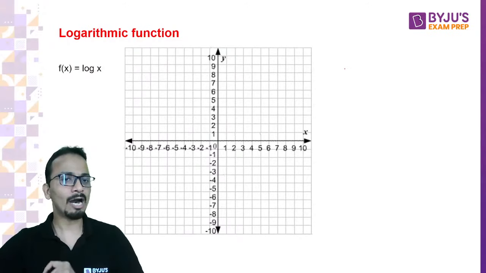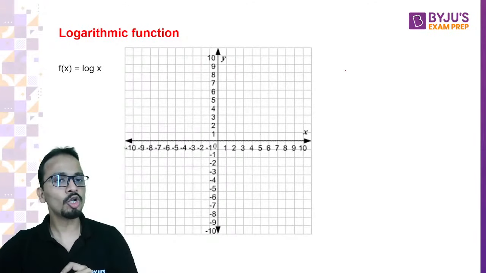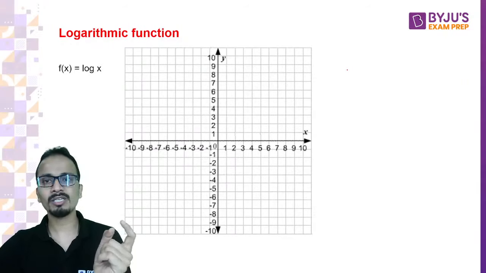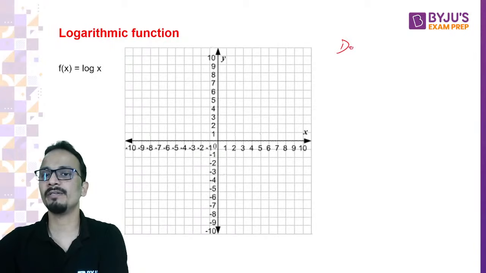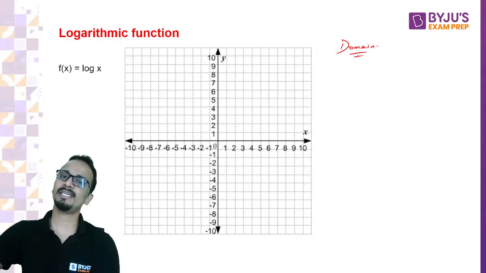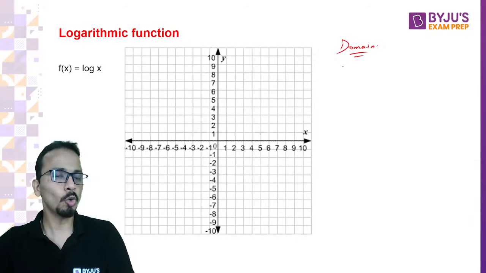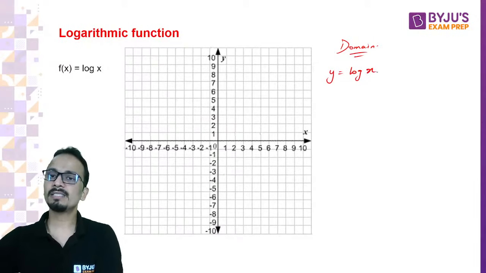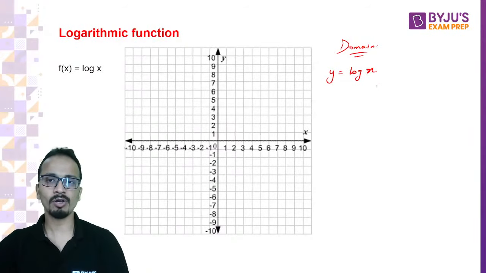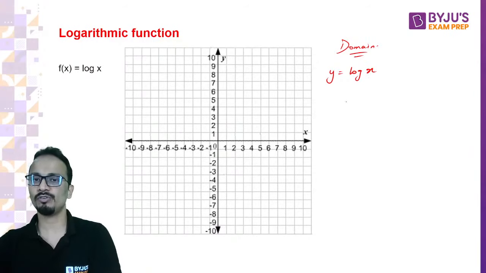Okay, now if I talk about log functions, talking about the domain of this log function. So first of all, domain, मतलब x की क्या वैल्यू हो सकती है, ठीक है ना. So domain of this function, now y equal to log of x is defined only for positive values of x.